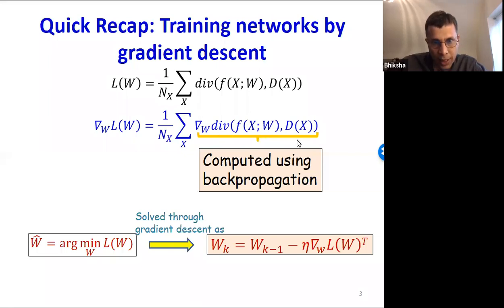And it is this term here that we compute using backpropagation. Once you have computed the average gradient over the training set, we use gradient descent to estimate our parameters. So we have seen all of this.